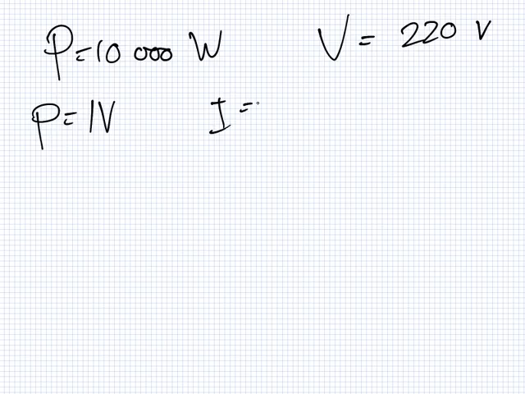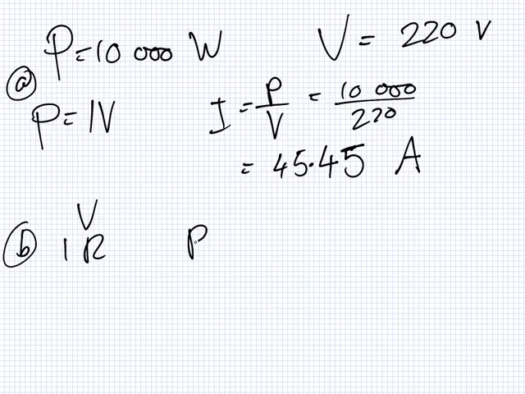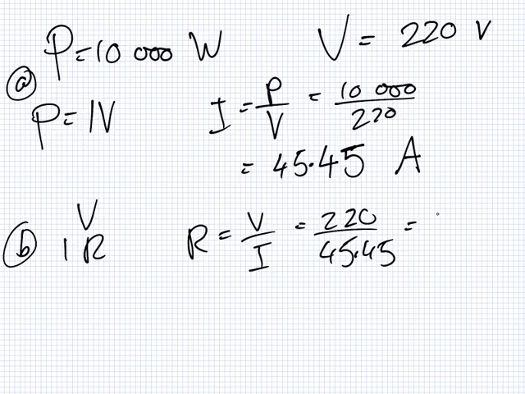So I equals P over V, which is 10,000 over 220, which is 45.45 amps. What was part B now? R equals V over I, which is 220 over 45.45. What is it? 4.8 ohms.